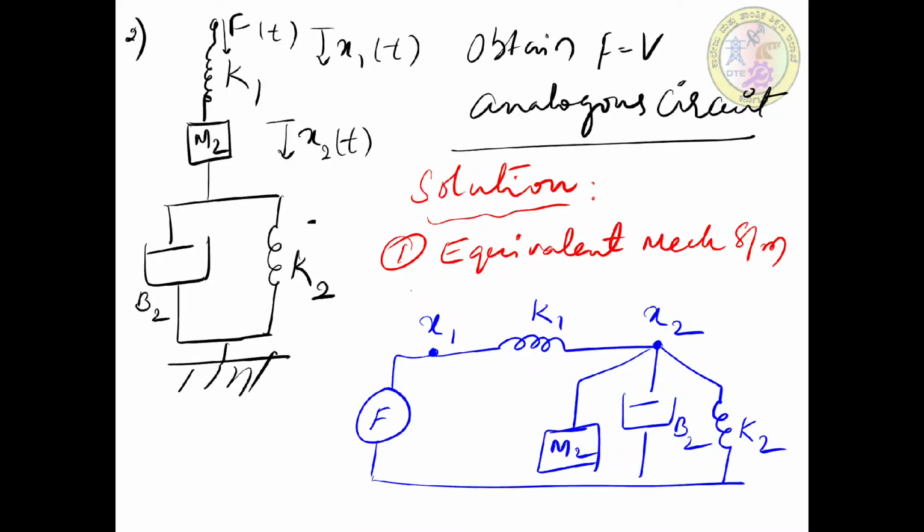This is the equivalent mechanical system: we have connected m2, b2, k2 in parallel at node x2.